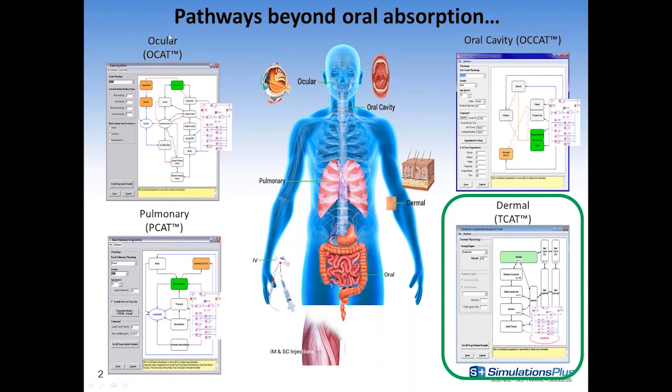So you can have the ocular route of administration, the pulmonary route, specifically the oral cavity model, also intramuscular and subcutaneous injections. And of course, what we'll be talking about today is this dermal or TCAT model. Whether you're looking at topical administration or transdermal administration, this would be the additional dosage route that you would be using for that.